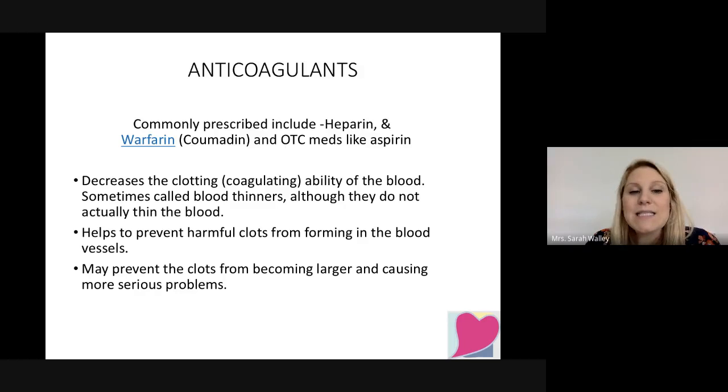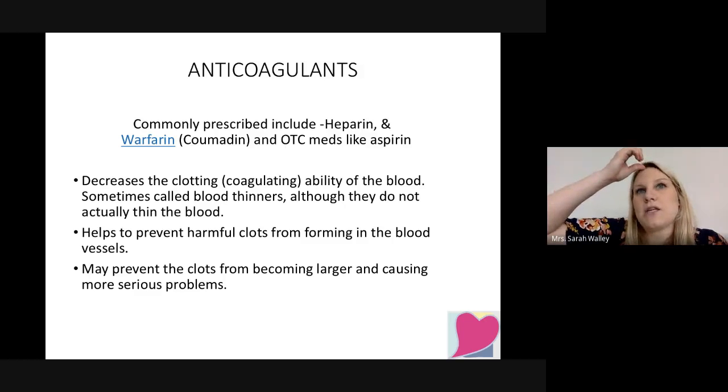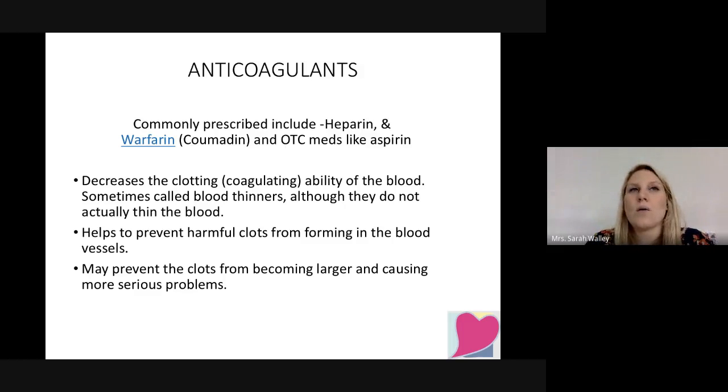It does decrease the clotting ability of the blood though, which can affect patients if they are taking too much, or if they're not being regulated by a doctor and watched by a doctor, because that can be really dangerous.